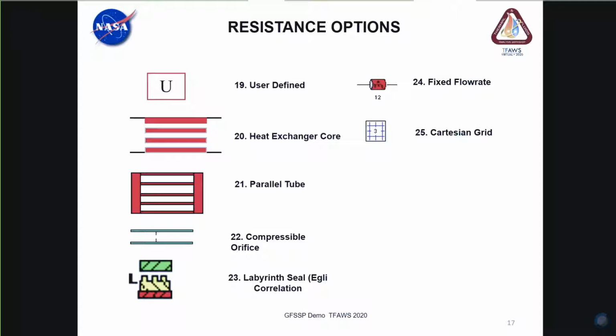You can model the pressure drop in a heat exchanger core or in a series of parallel tubes. You can look at the choked flow in a compressible orifice if you're flowing a gas over a large pressure drop. You can set a fixed flow rate, which is basically a type of pump with a vertical pump curve. And we do have what we call a Cartesian grid.